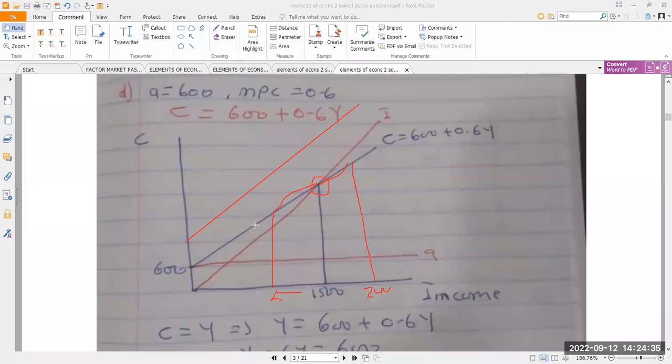So this one will give us what? A shift in the curve. Is that okay? If the autonomous consumption should decrease to say 400, then the consumption curve will shift downwards. So here, income is held constant, but other factors that affect the autonomous consumption are rather changing. Is that okay?